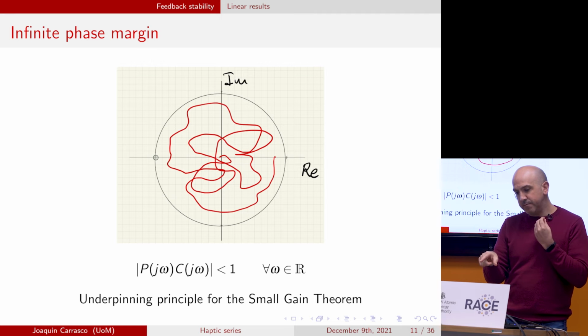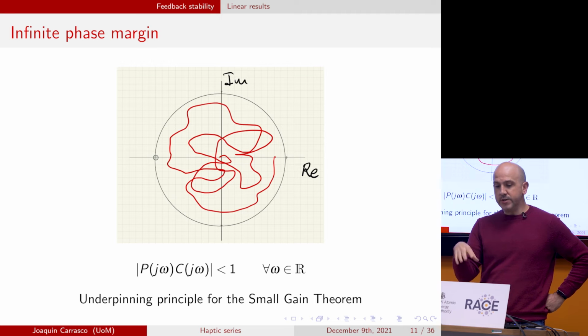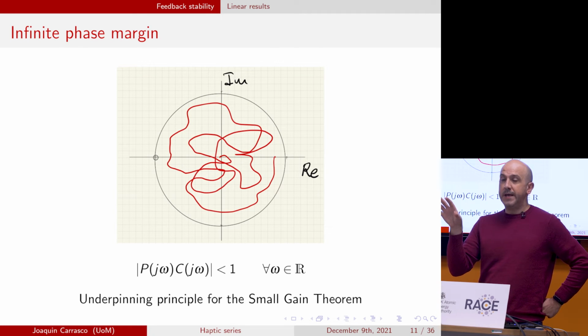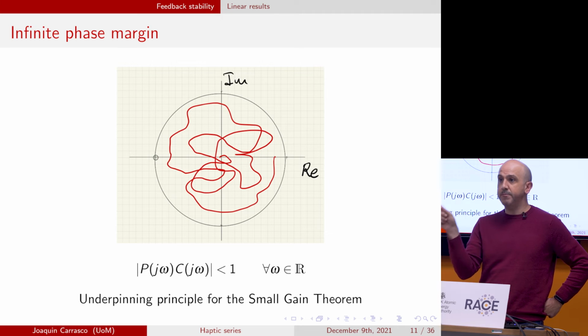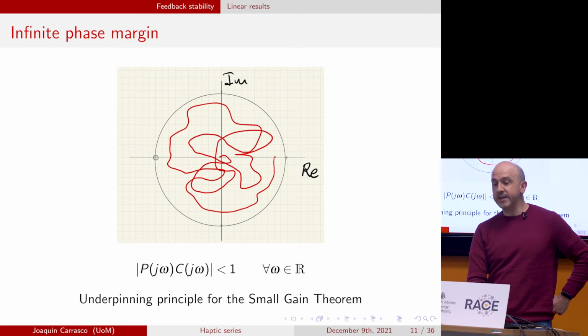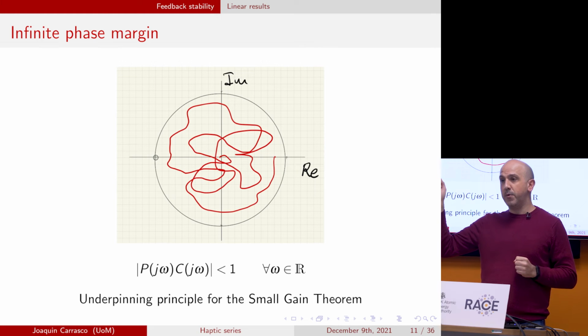Something interesting to mention is that when we are using the small gain theorem, you don't care about positive or negative feedback interconnection, because the only difference between them is that the critical point in negative feedback interconnection is the -1, and the critical point for positive feedback interconnection is the +1.